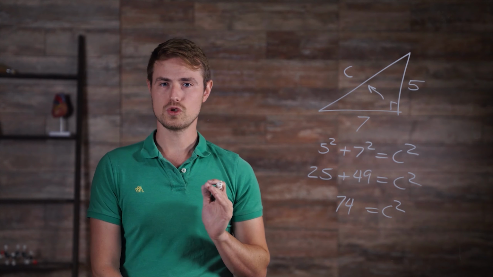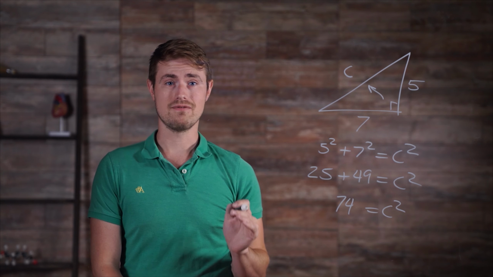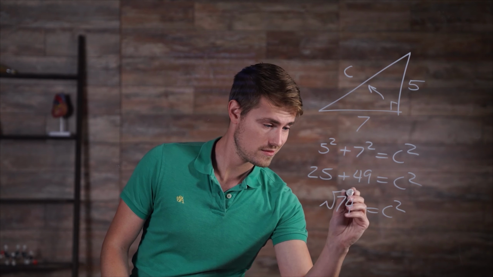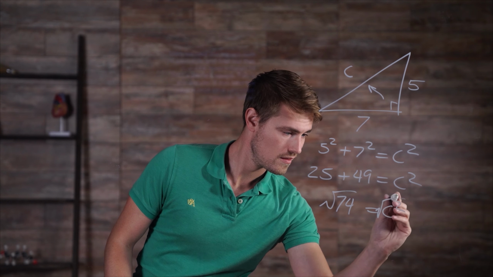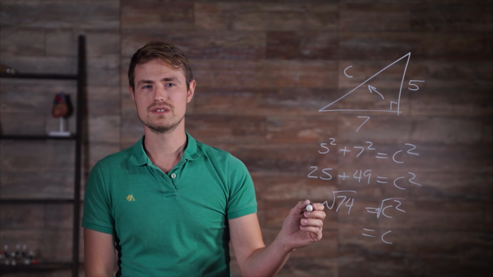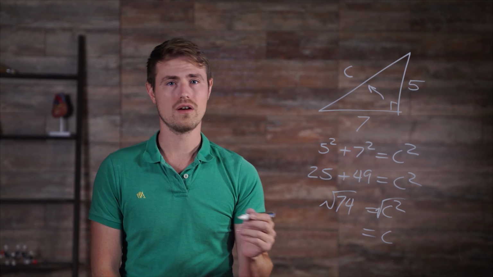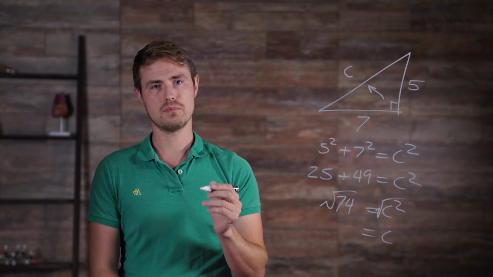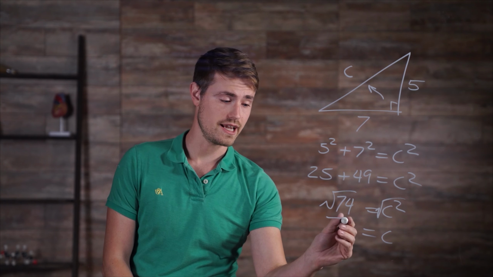Then we take the square root of each side and find out that the square root of 74 is equal to c. Now, even though 74 isn't a perfect square, this is the answer.